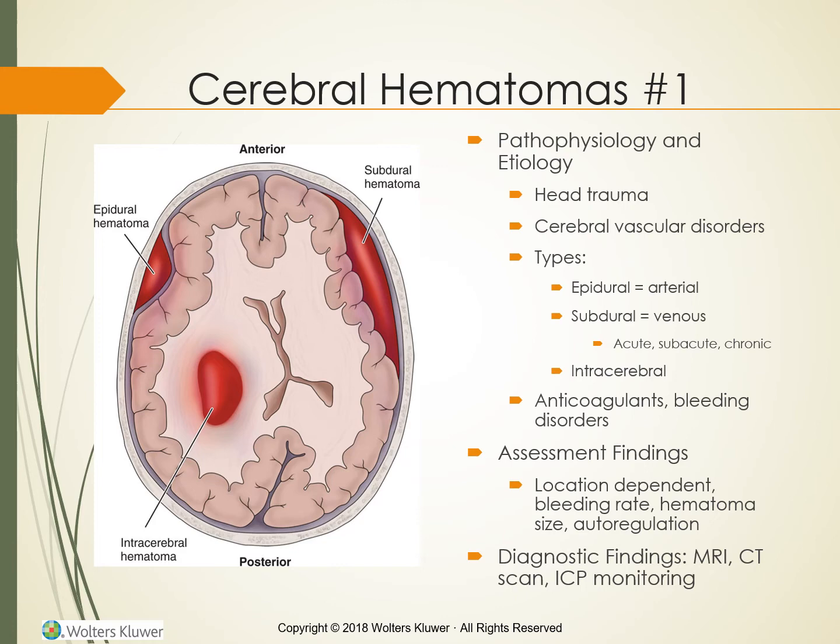Now, in an intracerebral hematoma, this means that blood collects within the brain. So this means that the patient's going to show classic signs of increased intracranial pressure, which would be headache, vomiting, seizures, posturing, hyperthermia, and irregular breathing.